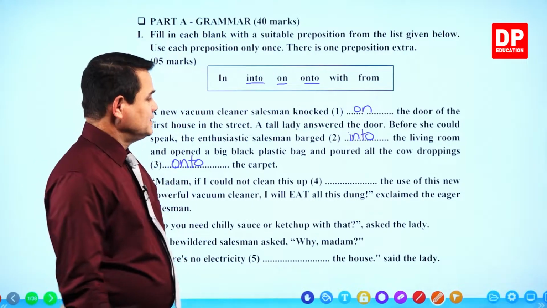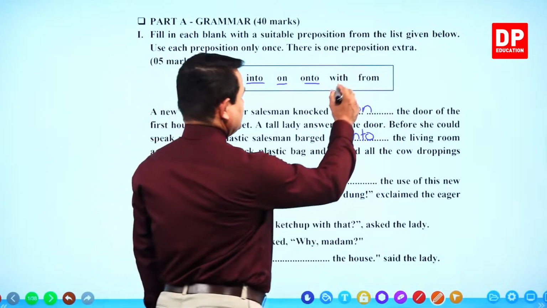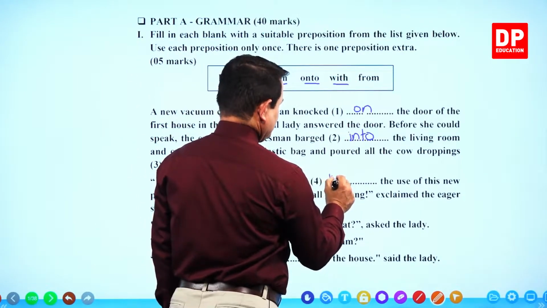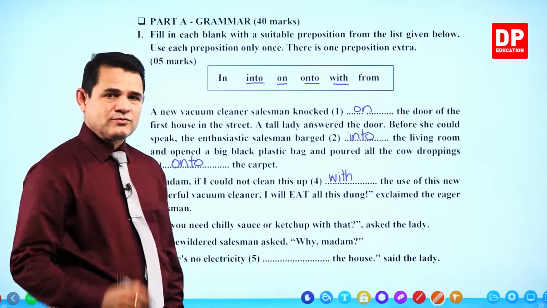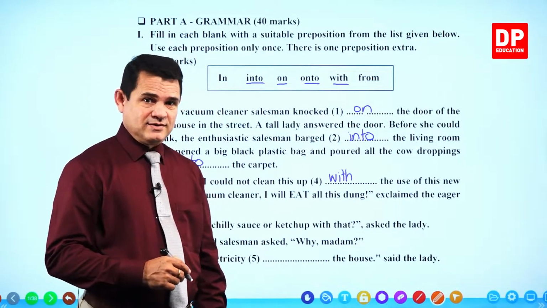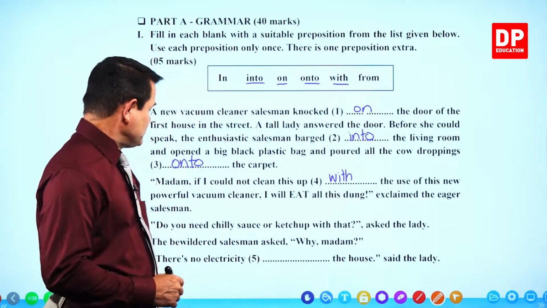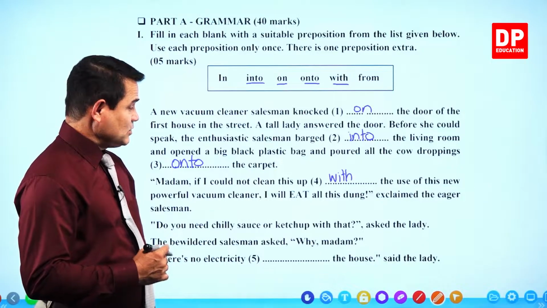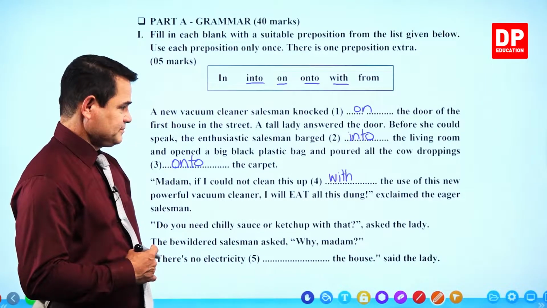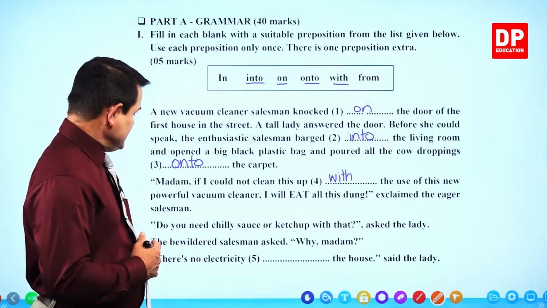Yes, with the use of. You write with a pen, okay, with the use of this new powerful vacuum cleaner. I will eat all this dung, exclaimed the eager salesman.